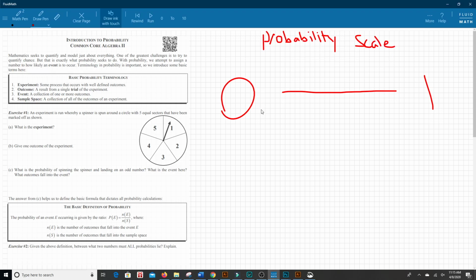So from 0 being no chance of it happening, and this being 100% chance of it happening. And right here, this is a 50% chance.